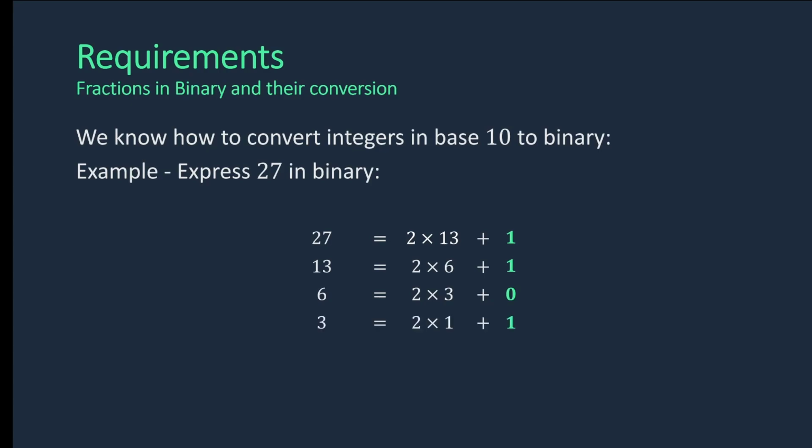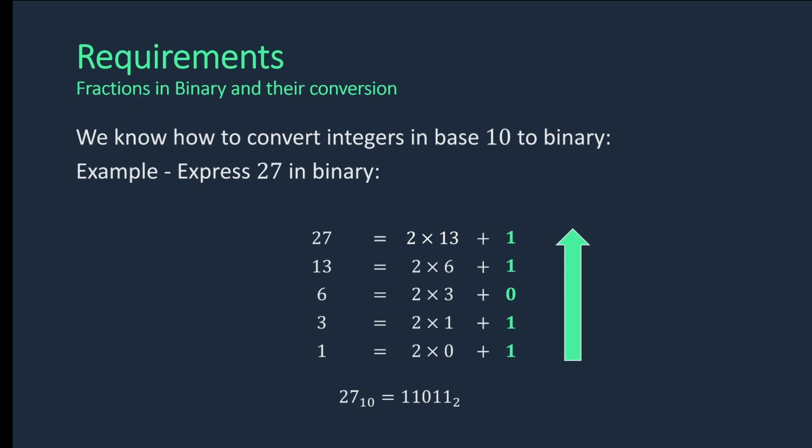Same idea. Eventually this algorithm has to terminate, and we're going to put the numbers from bottom to top, and that will be the corresponding representation of number 27 in binary. So 27 in base 10 is equal to 11011 in base 2.